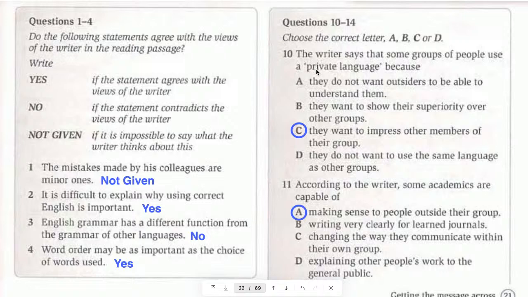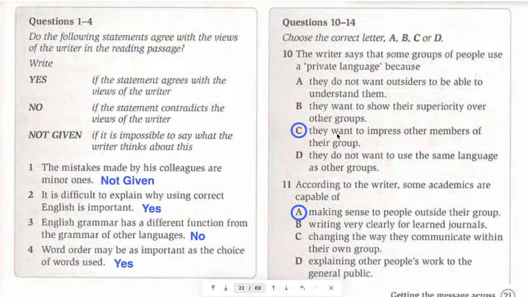Yes, based on the keyword. And what is the keyword here? Yes, you can see the words private language. Okay, it is the keyword. So you just skim the reading passage very quickly to look for these two words, private language, and you know the answer.